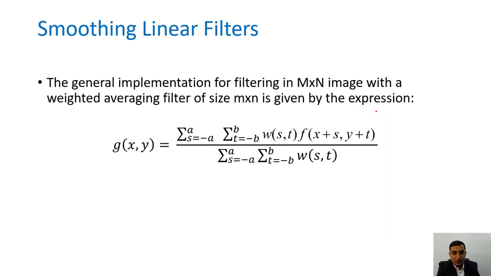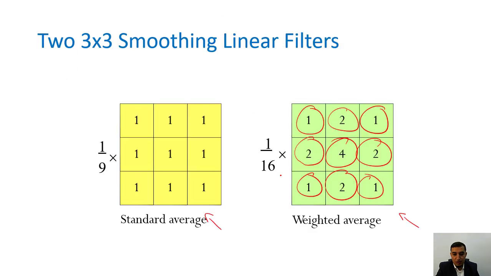So smoothing filters is basically implementation of the filtering of an M by N image with a weighted average of the sum of the given M by N filter. So basically this is the same function as earlier, multiplied by the sum of the filter.